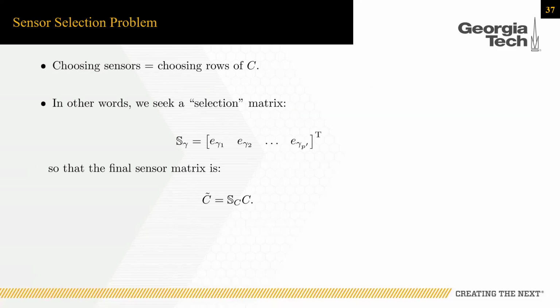What you have to do is pick 0s and 1s on this selection matrix, and then you pick the appropriate parts of C. In other words, you flip 0s and 1s, and then you occupy the appropriate parts of C, and then you have this C tilde. But you have to find a smart way to find the selection matrix.